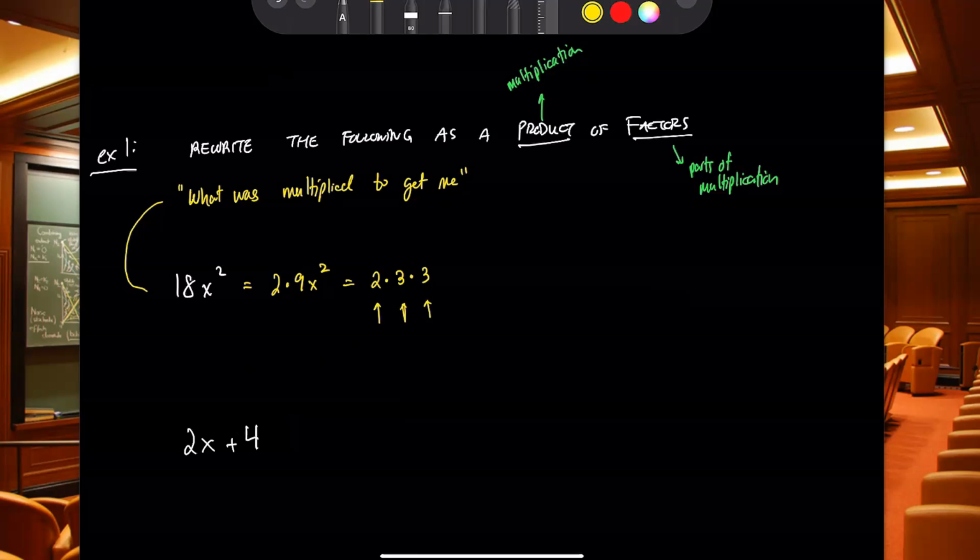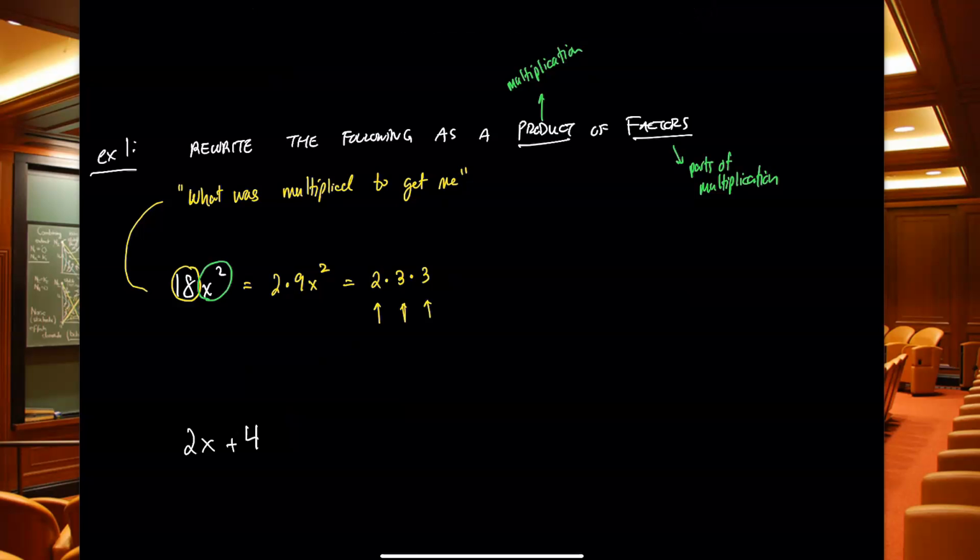So 2 times 3 times 3 is the simplest, most broken down way that you can break apart 18. And for this x squared piece, what's the most broken down way I could write this? Well, x times x, that's what that really means.